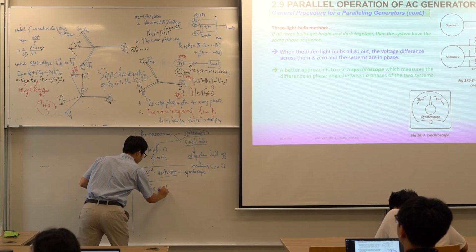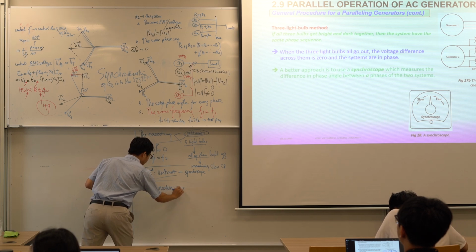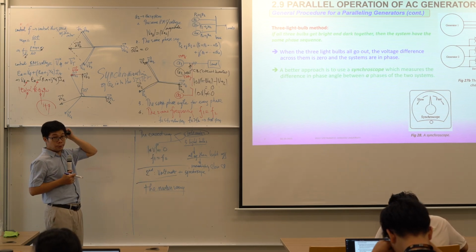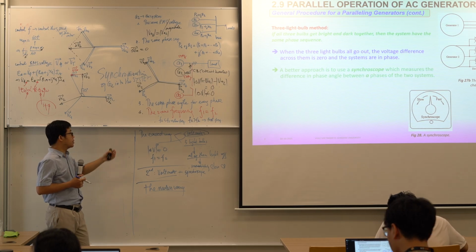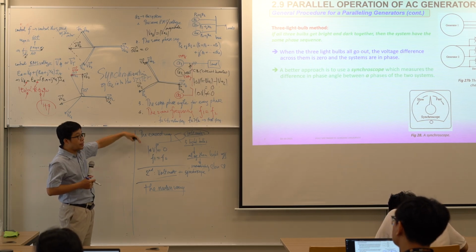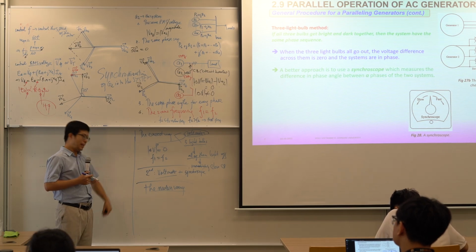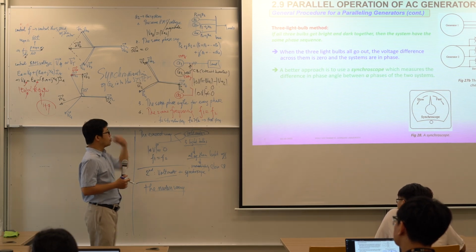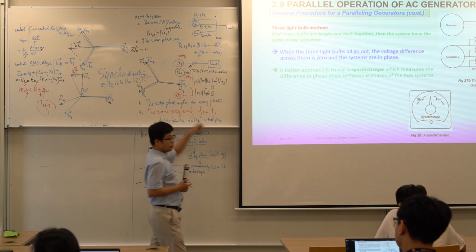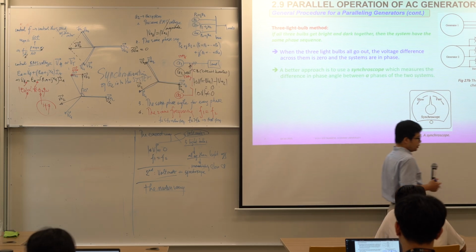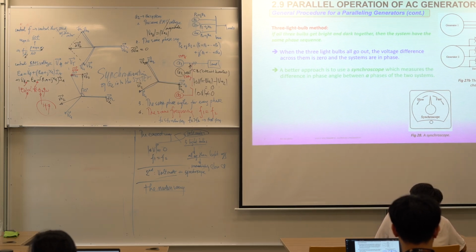Now, the modern way. We have microcontrollers. They help us double check the requirements automatically, and they close the circuit automatically. We don't need to use our eyes, and we don't need to use the synchroscope.